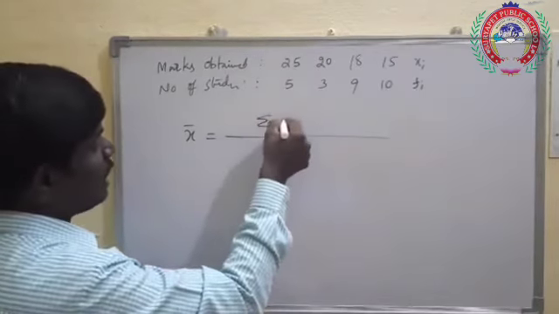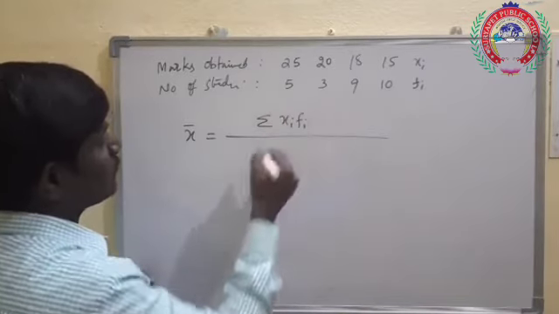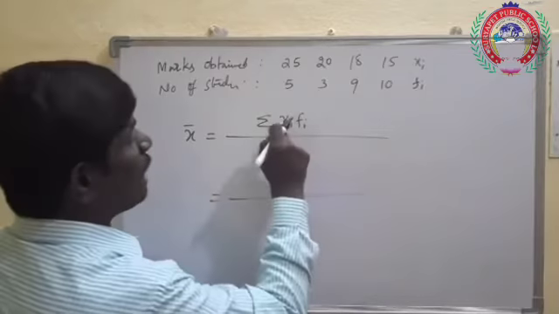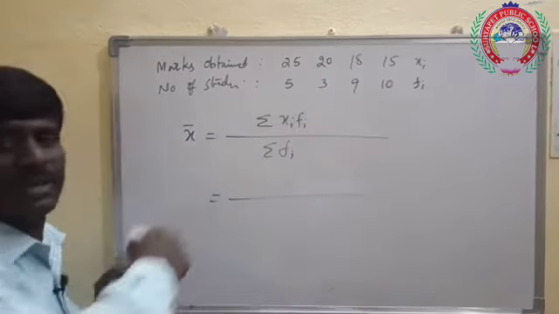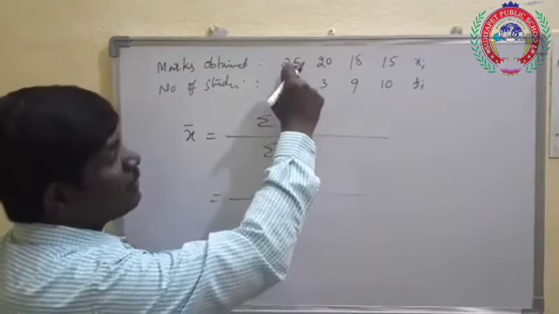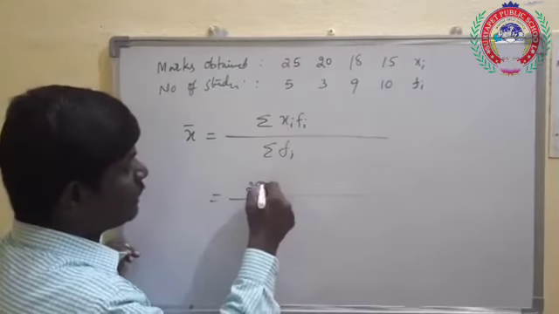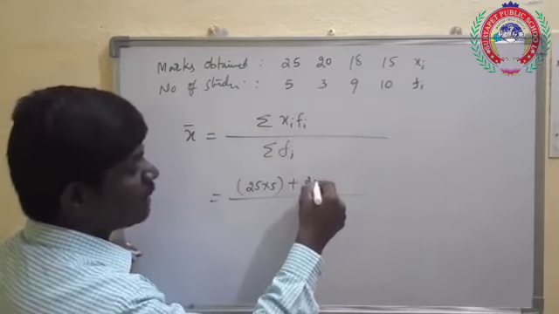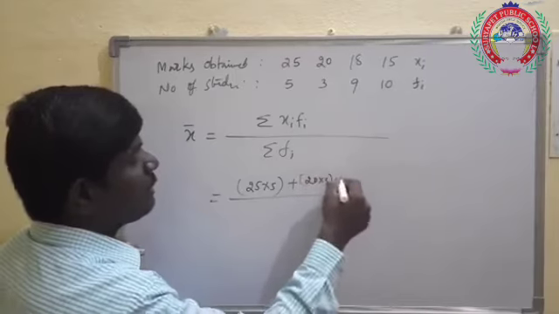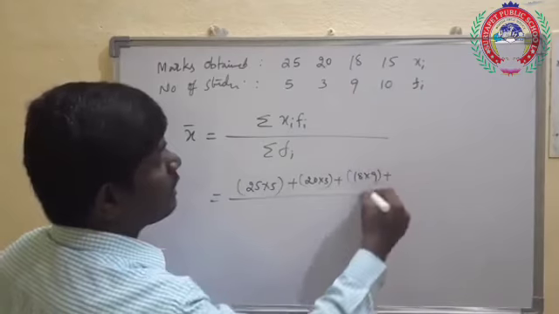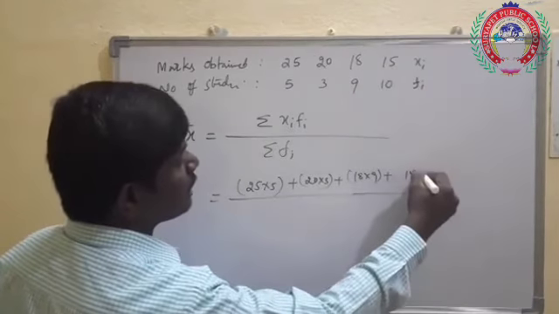Very simple. Sigma xi fi whole divided by sigma fi. Now multiply every observation with its frequency. 25 into 5 plus 20 into 3 plus 18 into 9 plus 15 into 10.